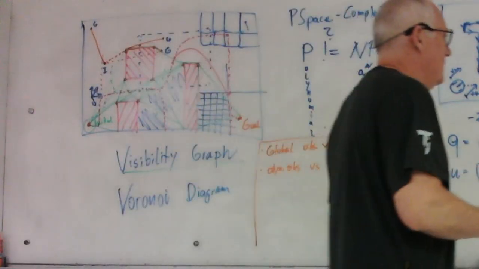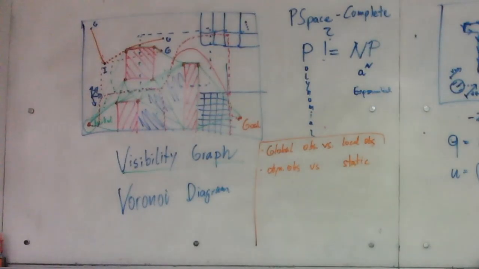If this is moving here at 1 meter per second, then the robot is going to drive in a circle. Right?